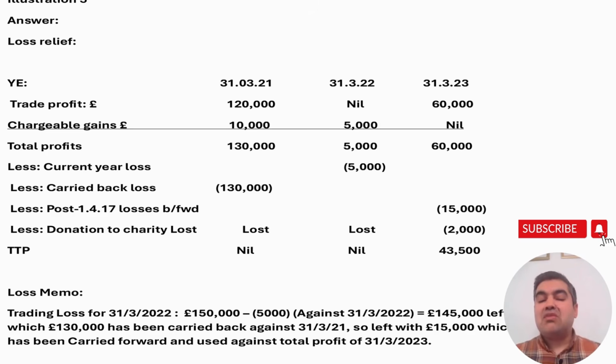Hence, we can now claim relief for the charitable donation, because if there is no taxable profit, the charitable donation will be wasted. The charitable donation cannot be carried forward. In the last accounting period, remember the total taxable profit is 60,000. The brought forward losses are 15,000. We're still left with 45,000, taxed on the 45,000 pound total taxable profit.